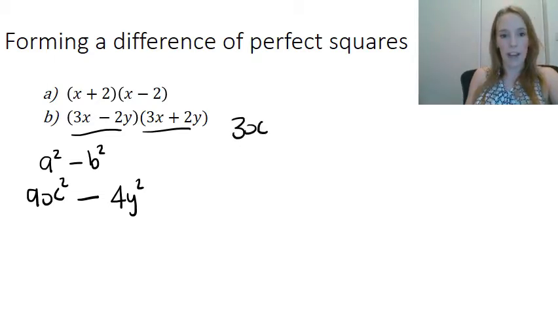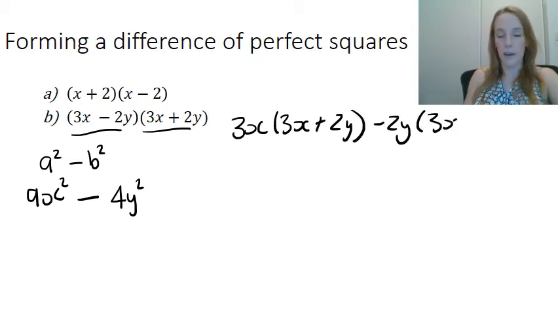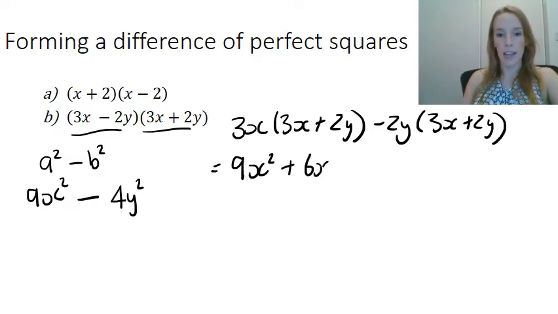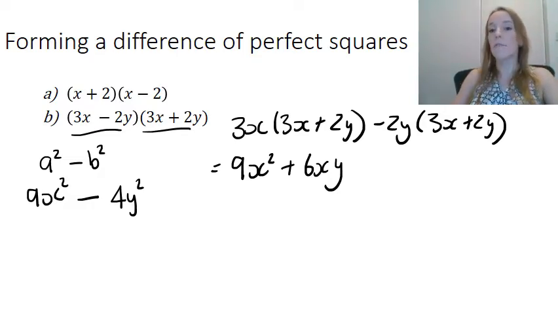So we'll have 3x applied to our second bracket and take 2y applied to our second bracket as well. So 3x times 3x is going to give us 9x squared. So 3x times 2y will give us 6xy. So then we've got our next lot of brackets. So negative 2y times 3x is going to give us negative 6xy.